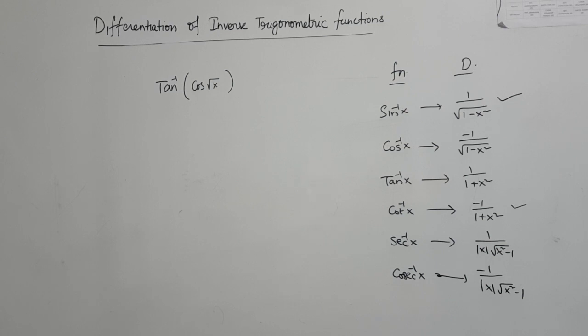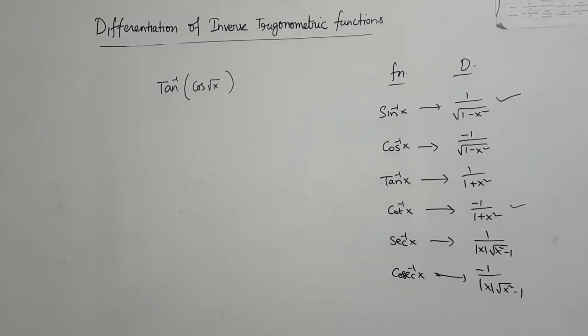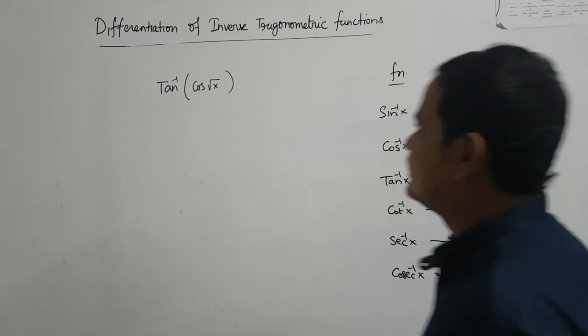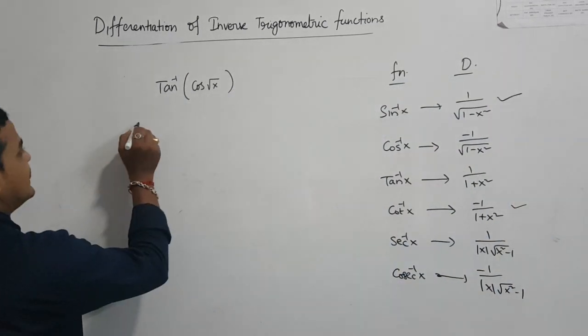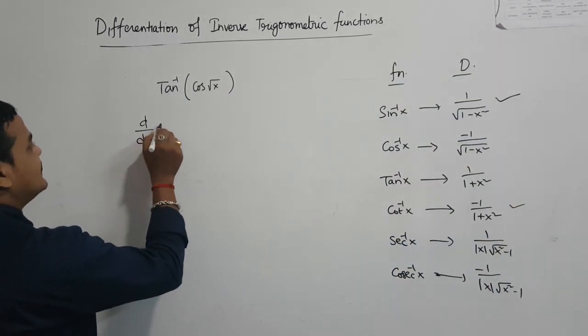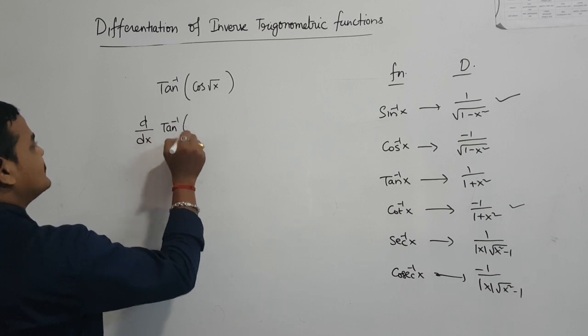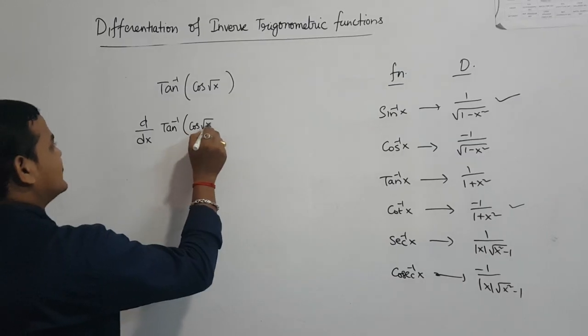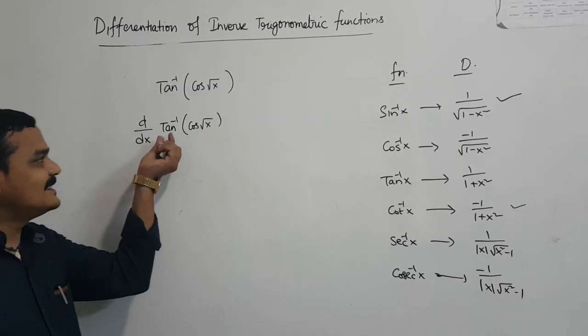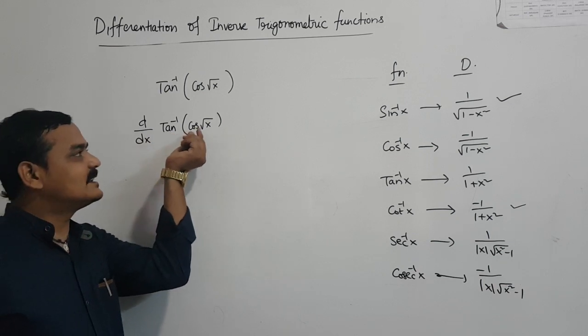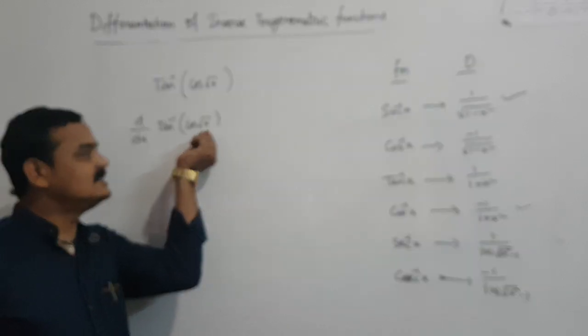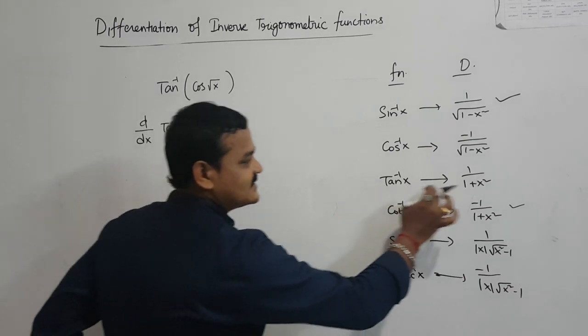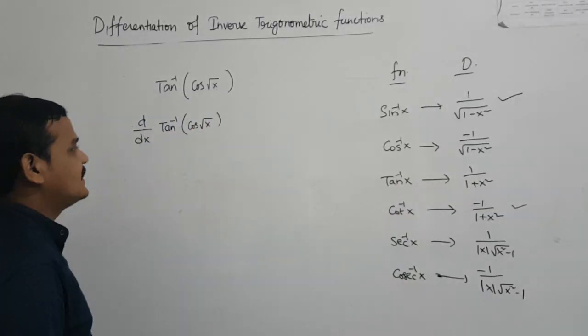So now I am going to differentiate three times. d by dx of tan inverse of cos of root x. The first function is tan inverse x, the second one is cos x, the third one is root x. The derivative of tan inverse x is 1 by 1 plus x square.